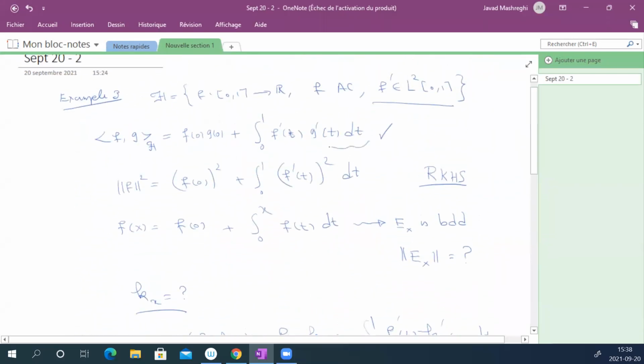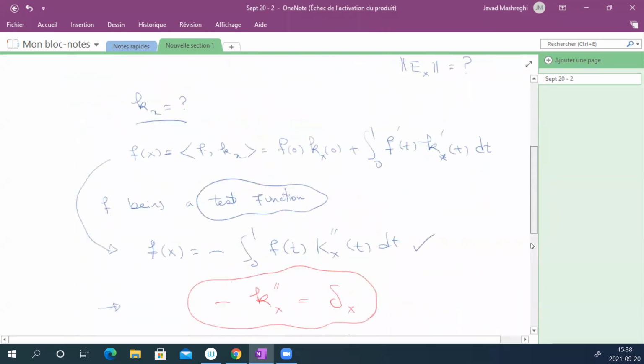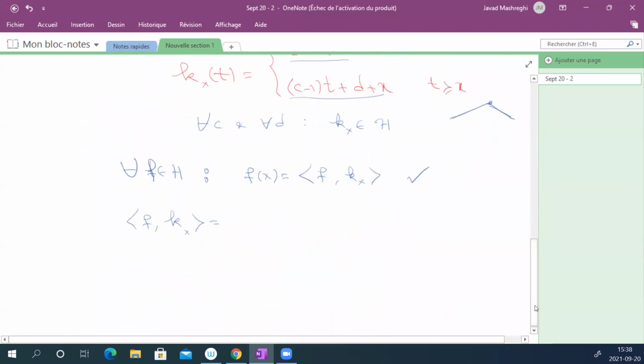Here is the definition: the value of those functions at the origin. So it's f of 0, k_x at the point 0, plus the integral from 0 to 1 of f prime, k_x prime, dt.